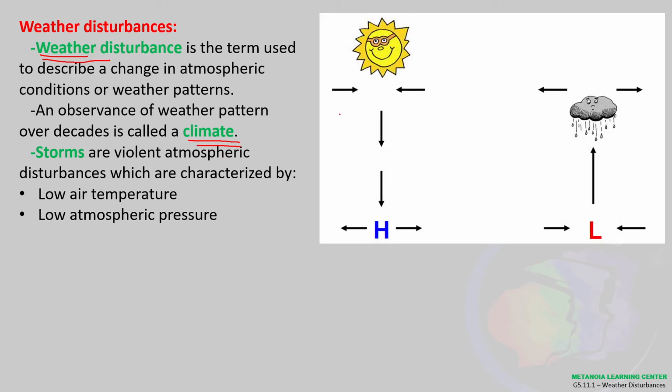In which, if you notice in this illustration, sa high air temperature, kung mapapansin nyo yung wind flow is going downwards papunta sa ground. Pero kapag sa mainit, let's say in this area, this is a certain area, and this is another area.